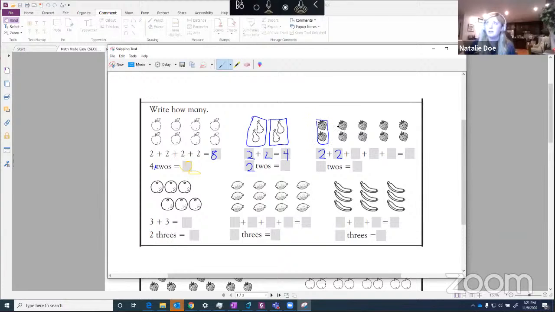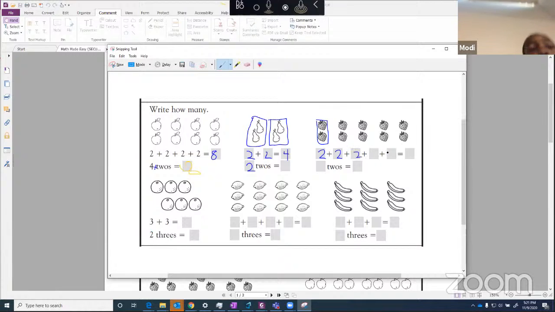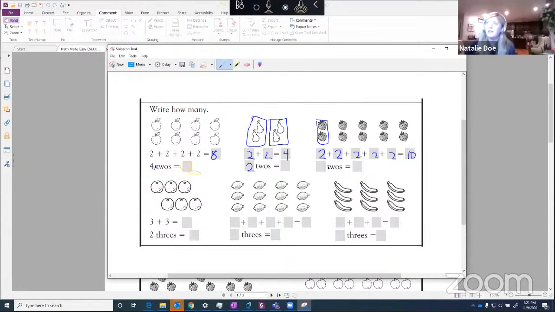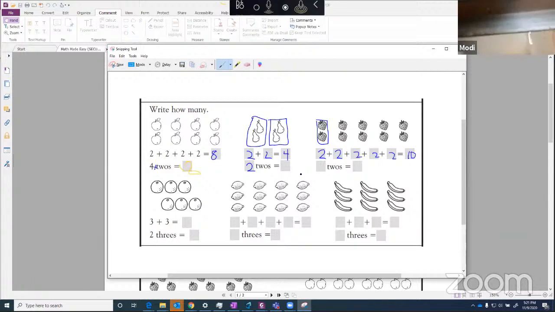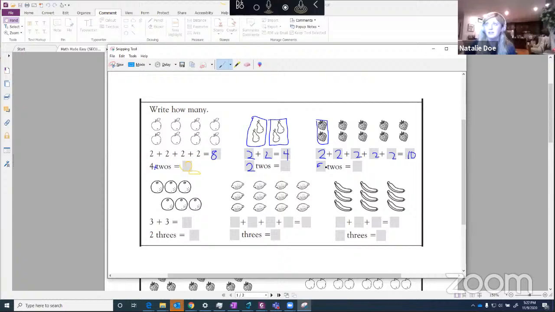Yep. 2 plus 2 plus 2 plus 2, all of them equals 10, plus 2. So if I want to write that as a multiplication problem, how do I write that? You have to write 5 groups of 2. Perfect. And that still equals 10, right? Yep.